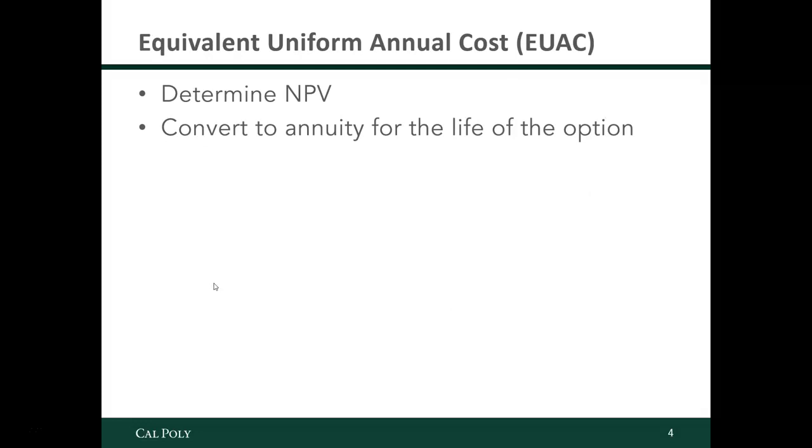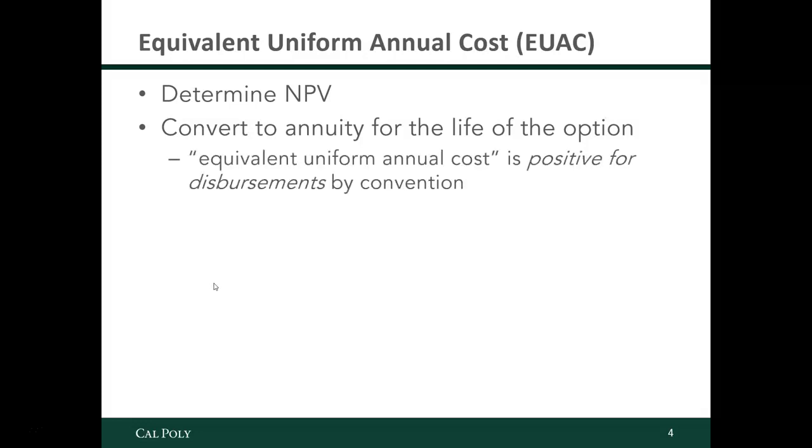So how do we do that? We just use the discount factor that converts from P to A. So we'll write out the symbol in a second. By the way, just a note that per convention, equivalent uniform annual cost, there's the term cost in the title, right?